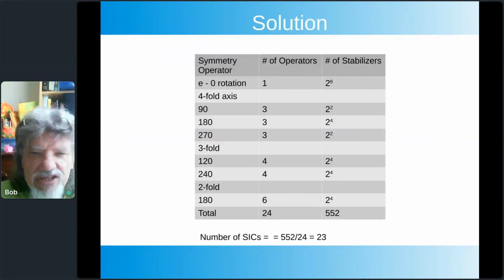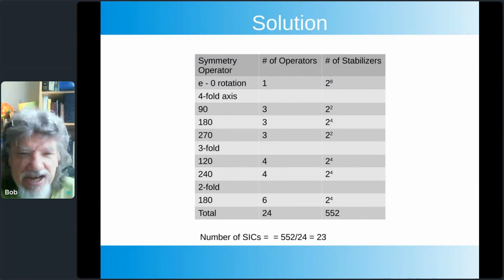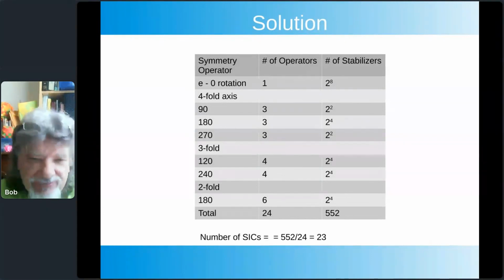There are 6 twofold axes, so that 180 will be listed 6 times, 1 time for each, corresponding and labeled. This corresponds to this particular twofold axis on this edge. And the same with the threefolds. You got 4 vertices, 4 threefold axes. They go through pairs of vertices. So each 120 rotation is listed 4 times because there were 4 of them, 1 for each axis. I'm just kind of doing some accounting here.